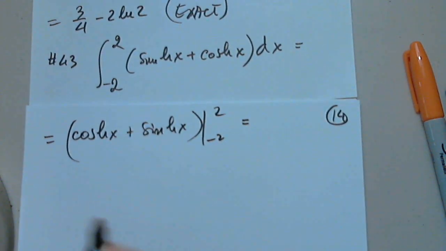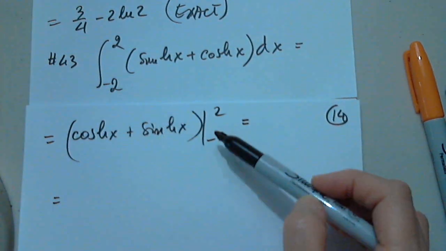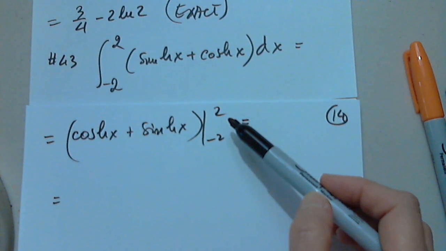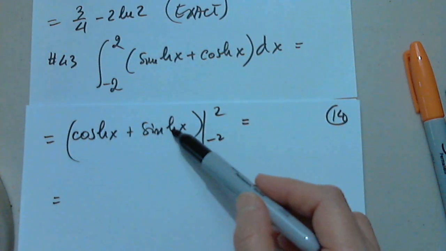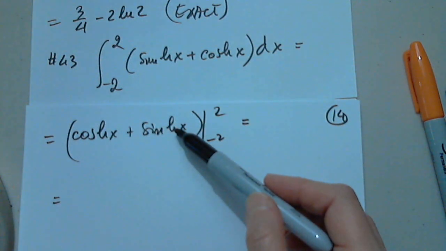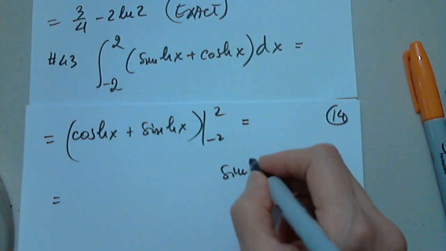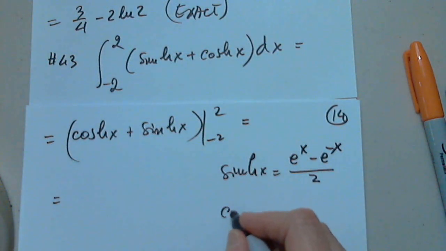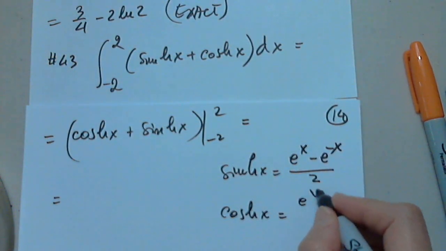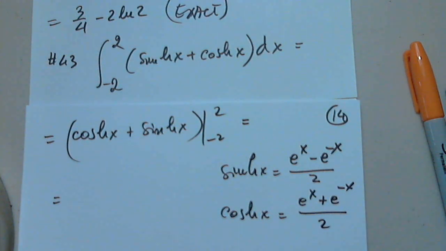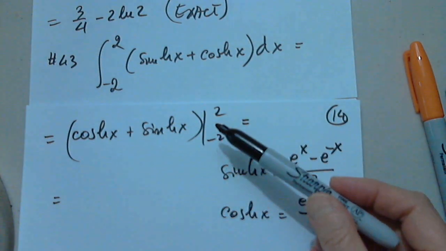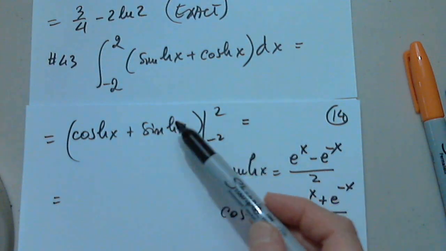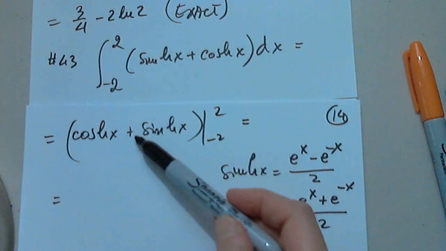Now the thing here is that I don't know a way of determining this with the graphing calculator unless we change each into what they're equal to. So hyperbolic sine is e to the x minus e to negative x over 2, and hyperbolic cosine is the same thing but with plus. So I will plug in 2 in hyperbolic cosine and hyperbolic sine, and then subtract when I plug in -2.